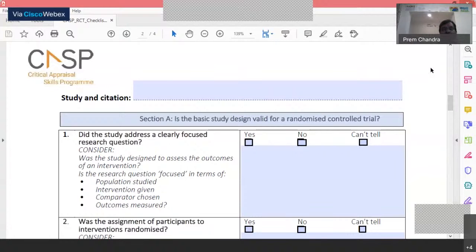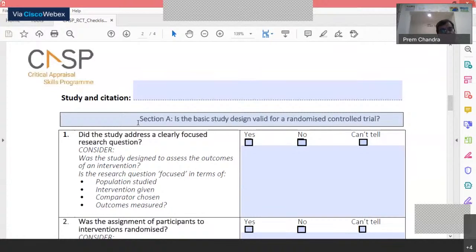So I was talking about the different checklist and the different items in the CASP checklist, which we call Critical Appraisal Skills Programme. If you look at section A, item number 1: did the study address a clearly focused research question?